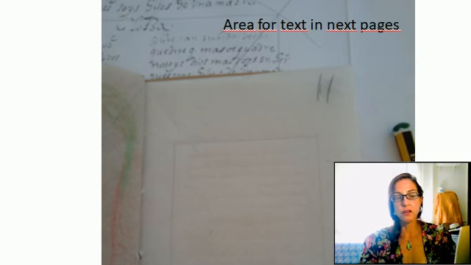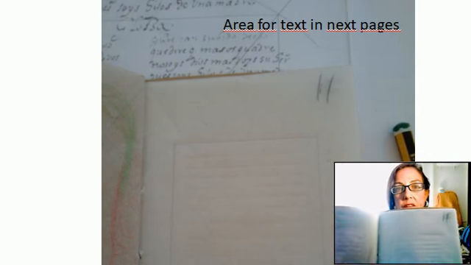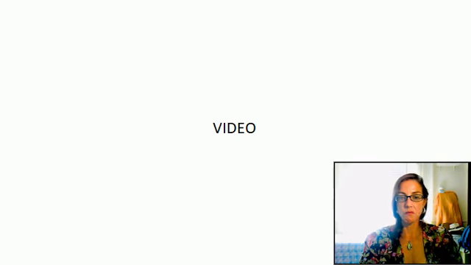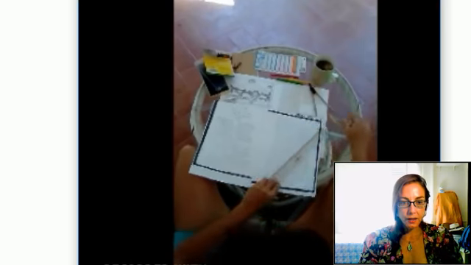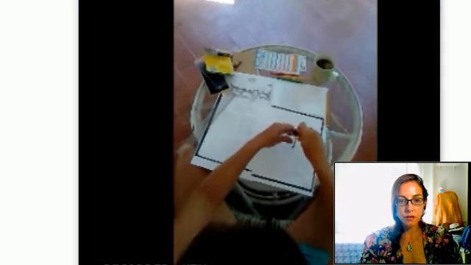I also prepared the next pages of this quaternio with the text area already drawn, so I know where the text area is if I have to write something else in there.